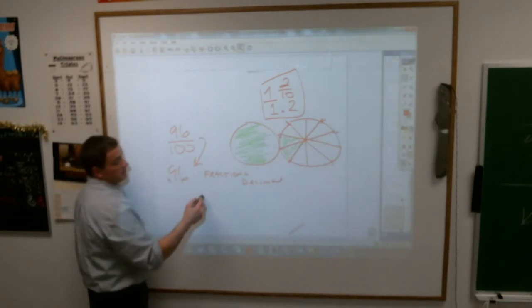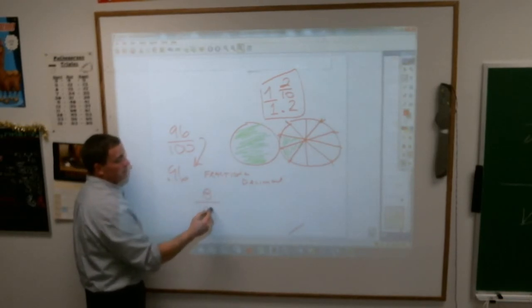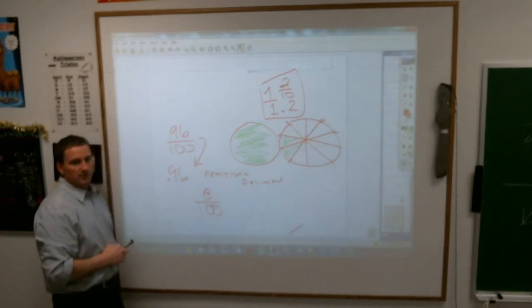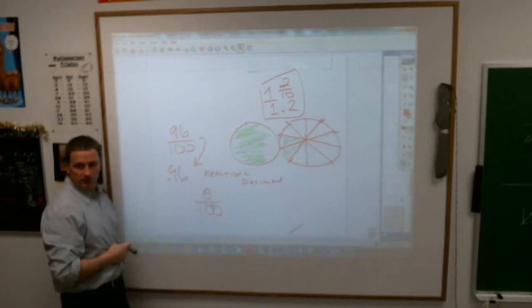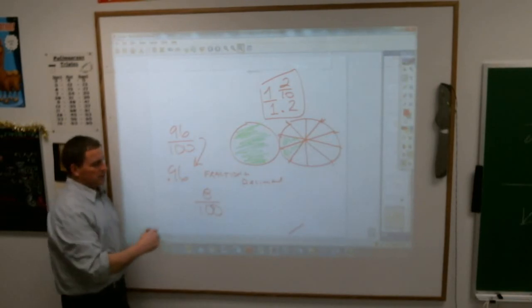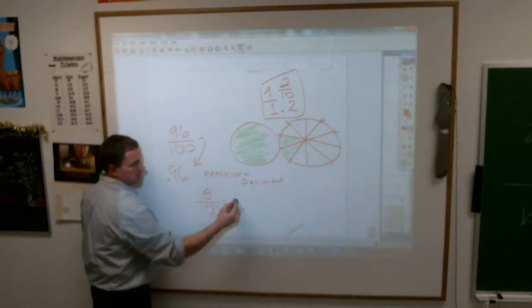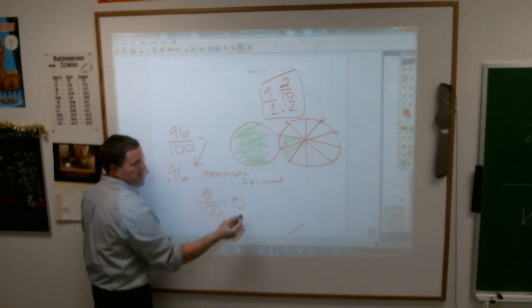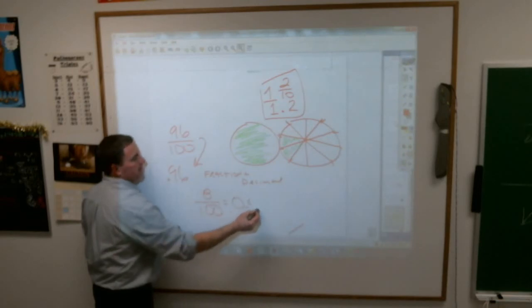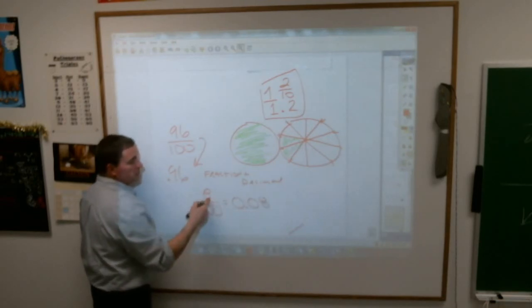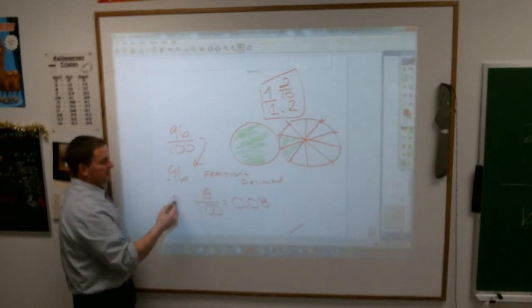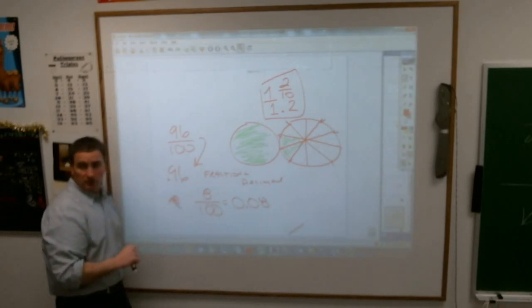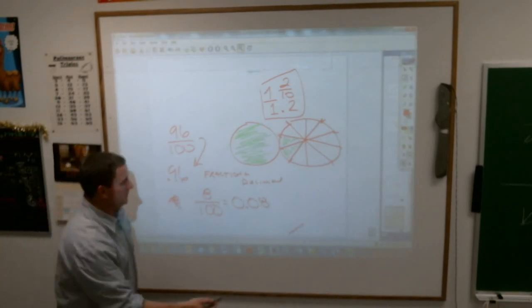What about this? 8/100ths. How would I write that as a decimal? And here's where you have to be careful because, Luke, give me the digits though. 0 what? 0.08. Yeah, 0.08. Make sure you don't make this 0.8 because that's 8/10ths and this is 8/100ths. 0.08. Perfect. Got it. Good.